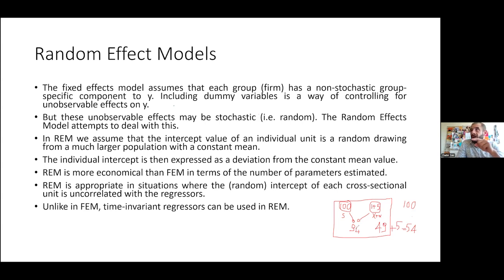So I will have 49 coefficients to be estimated, plus the 5 explanatory variables I have. So I will have 54 coefficients to be estimated. So how many degrees of freedom do I have in this case? What do you think?